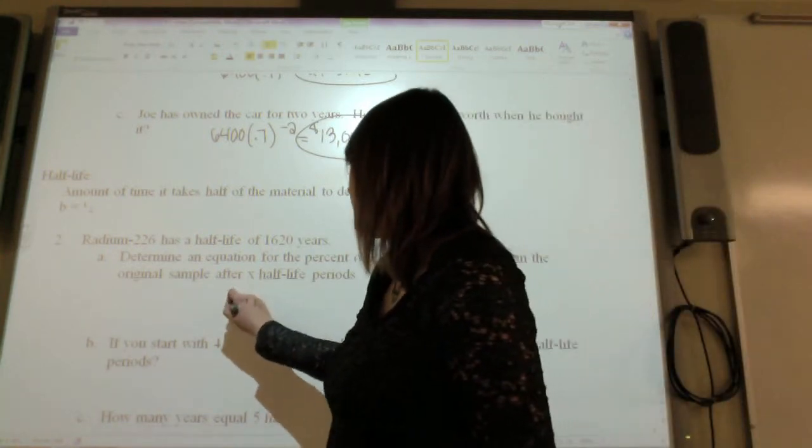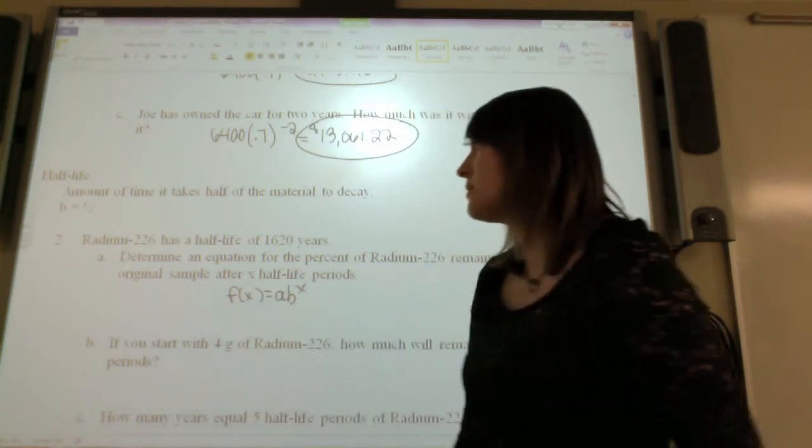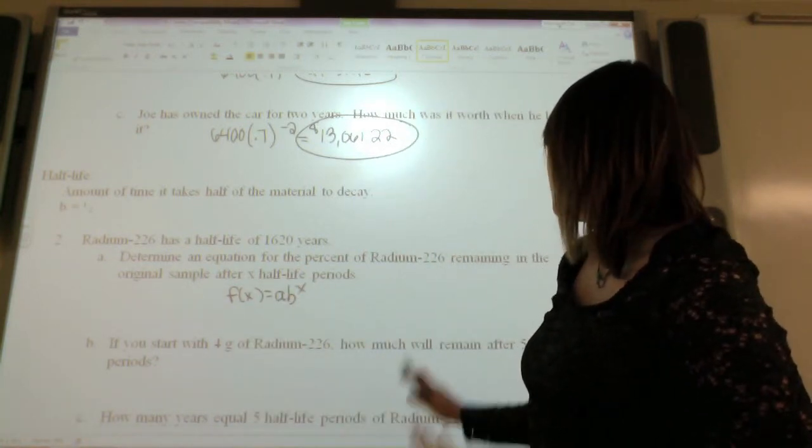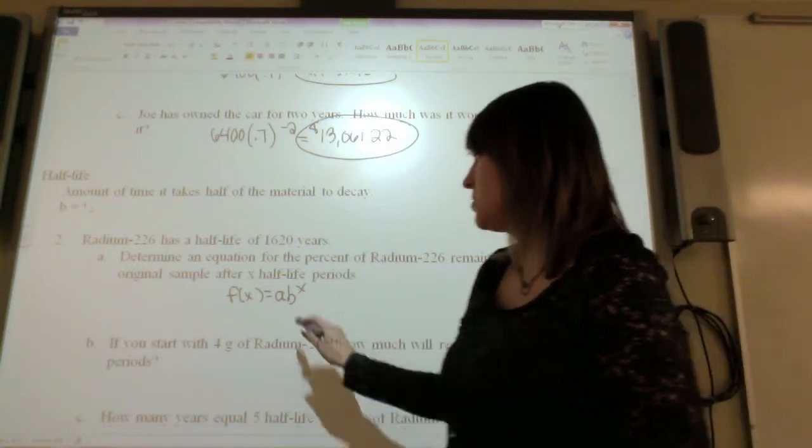So if I'm writing my equation in the form a b to the x, remember a is my initial value. So my initial value, if I'm trying to find a percent, I'll just say that my initial value is 100.